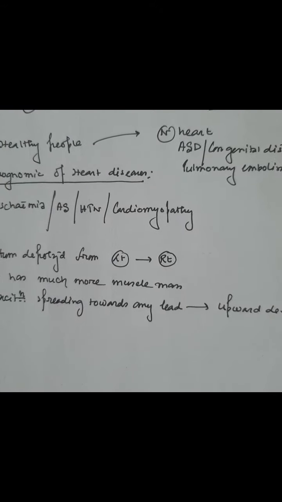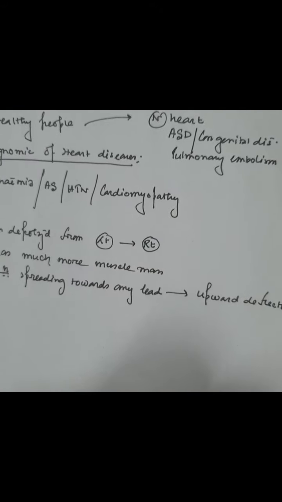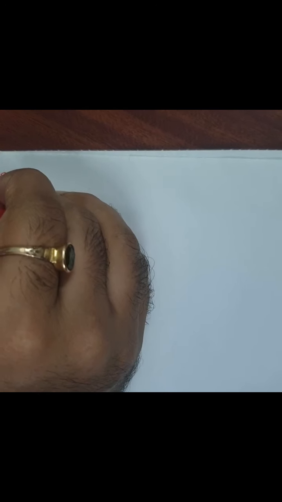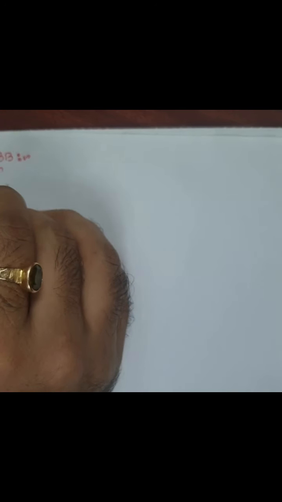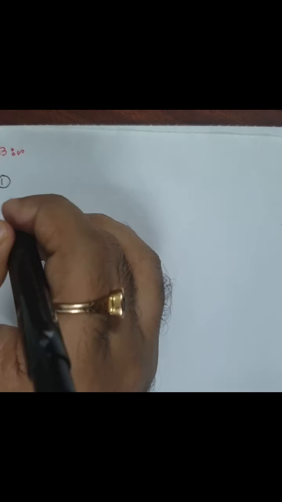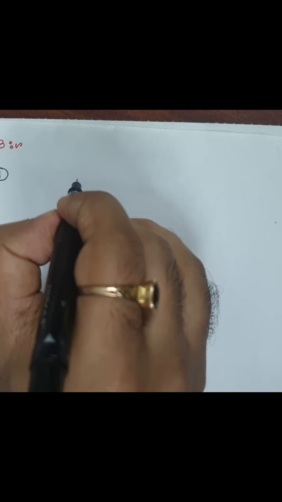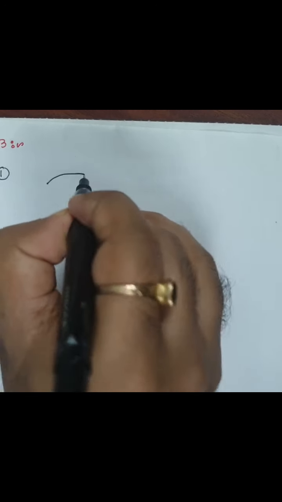So let's start with the right bundle branch block. Let's take a look at how the right bundle branch block ECG picture is derived. So step one, this is a heart picture.